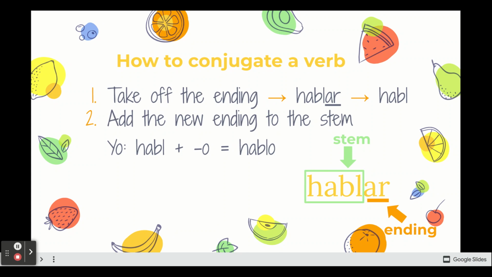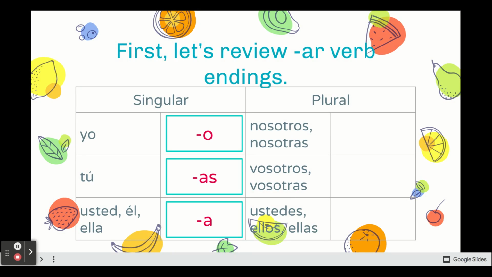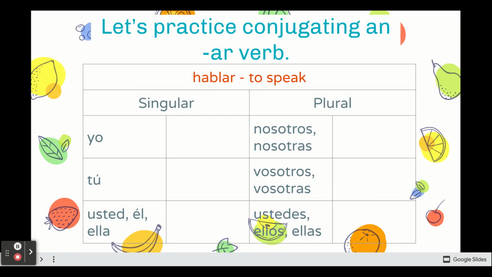So let's review our AR endings. The yo ending is O, tú is as, usted, ella is a, nosotros is amos, vosotros is áis, with an accent, and ustedes and ellos is an. So if you're going to conjugate the verb hablar, for example, again, we would take off the AR and be left with our stem, which is habl.